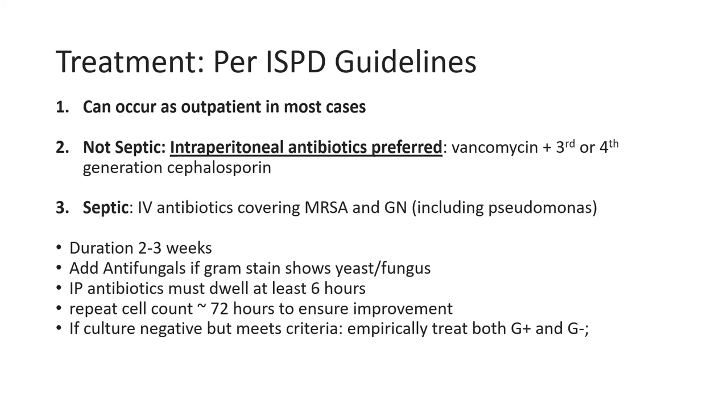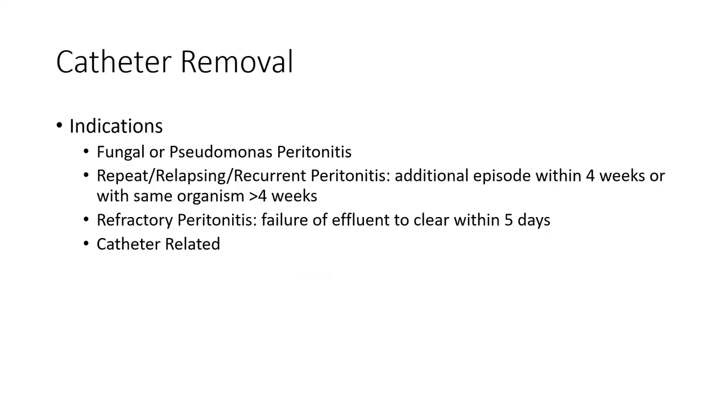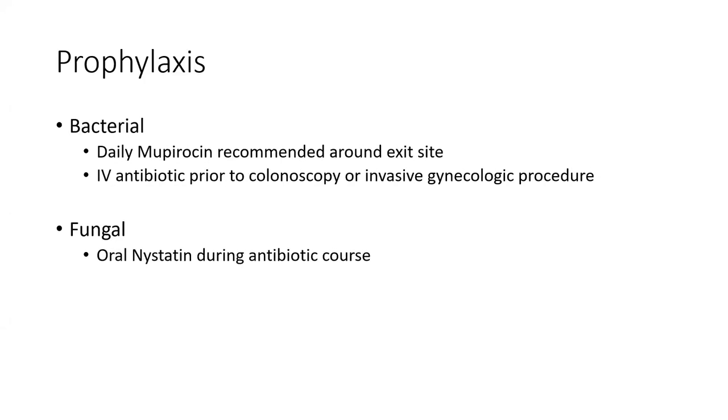And if they meet criteria, but the culture is negative, you just treat empirically for both gram-positive and gram-negative pathogens. You only remove the catheter if someone has a fungal or Pseudomonas peritonitis, or if it's a relapsing or recurrent course. If the catheter is infected and that's causing the peritonitis, it's another reason to remove it. But again, you'd be talking to surgeons or nephrology in this case.